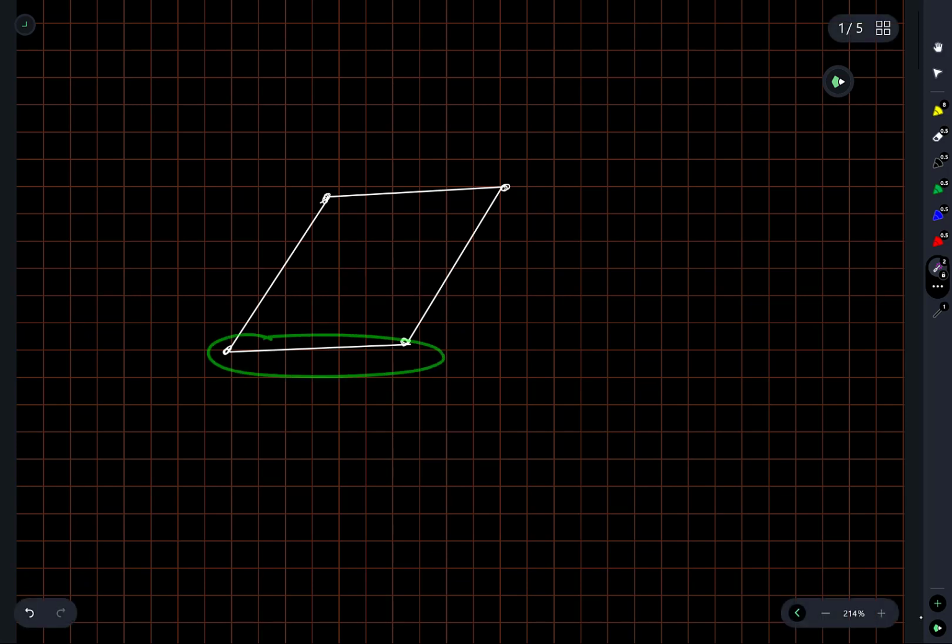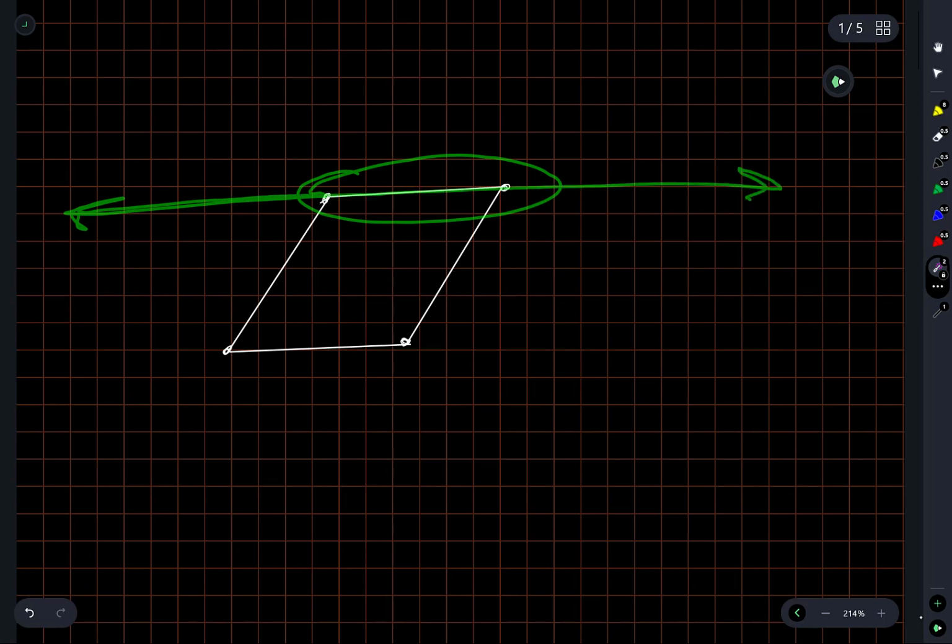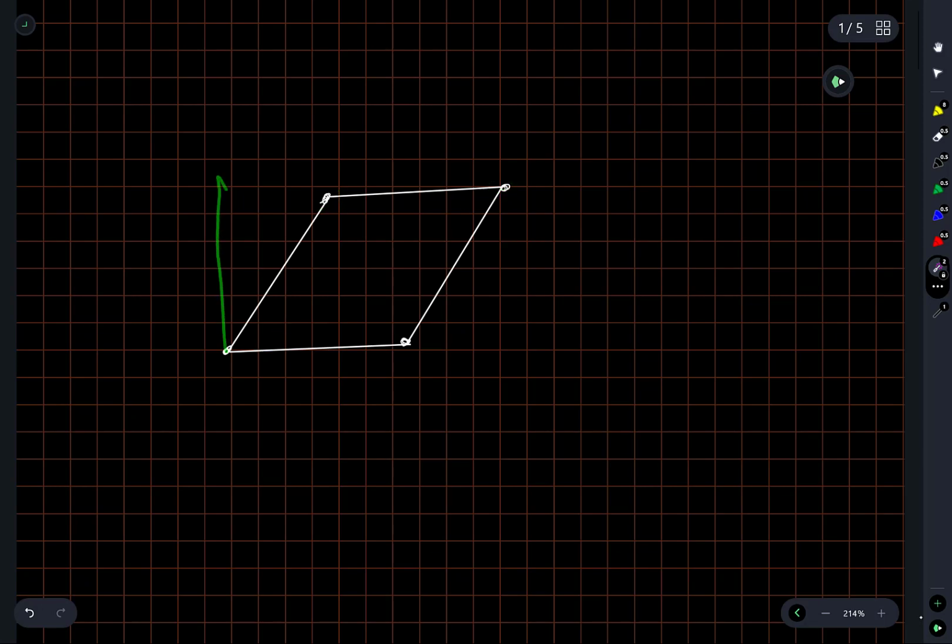If this side is fixed by those 2 points, and if the height of my shape is fixed, then the area stays the same. And so if I take these 2 points and slide them left and right by the same amount, then of course the shape which minimizes the perimeter is the one where these 2 points lie directly above those 2 points.